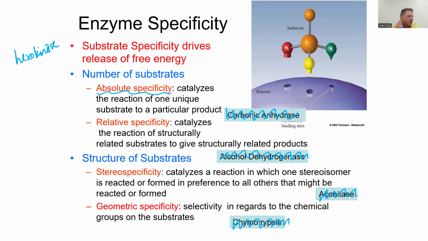So you can imagine that would be 2 or more different substrates, but similar substrates. Stereospecificity catalyzes a reaction in which one stereoisomer is reacted or formed in preference to all others that might be reacted or formed. Selectivity in regards to the chemical groups is going to be your geometric specificity.